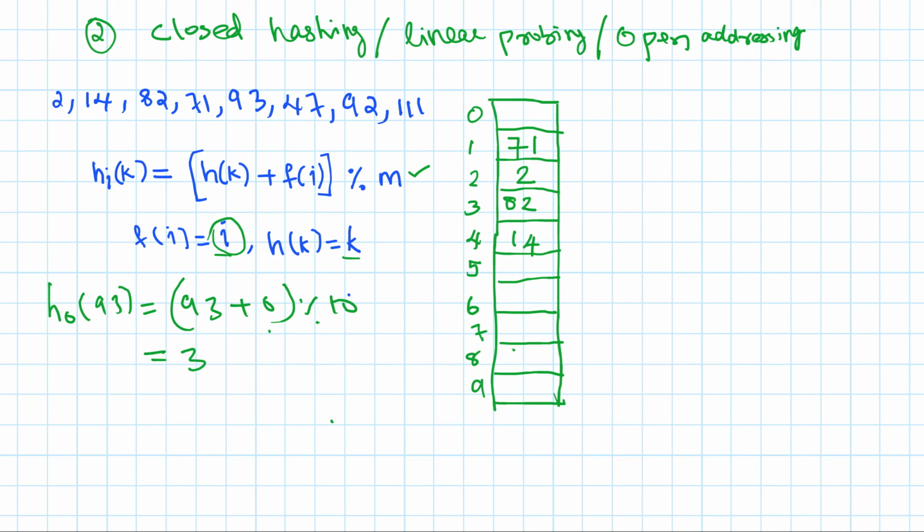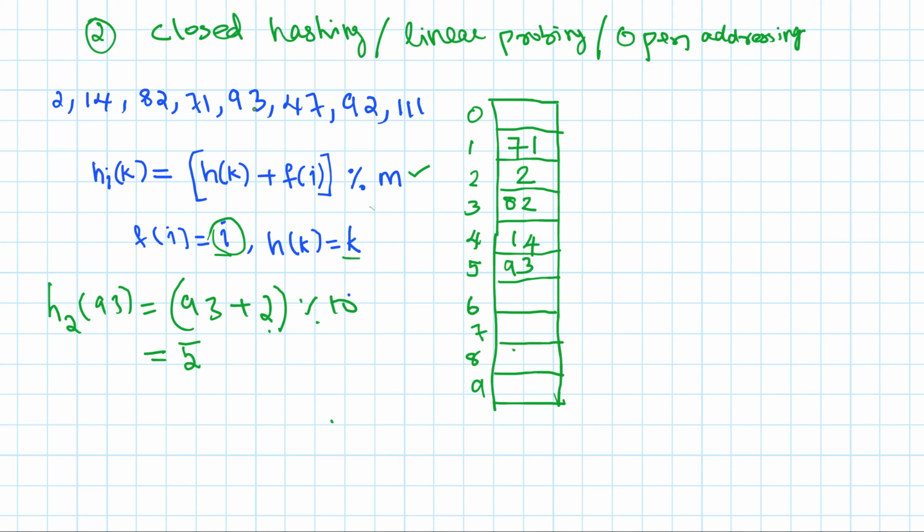Then you will find the value for h1 of 93, we'll be writing 1 here. So you will get the number 4. 4 is also occupied. Then you will go for h2 of 93, 93 plus 2, 95. Modulo 10 is 5. 5 is vacant. So I will insert the number 93 here.